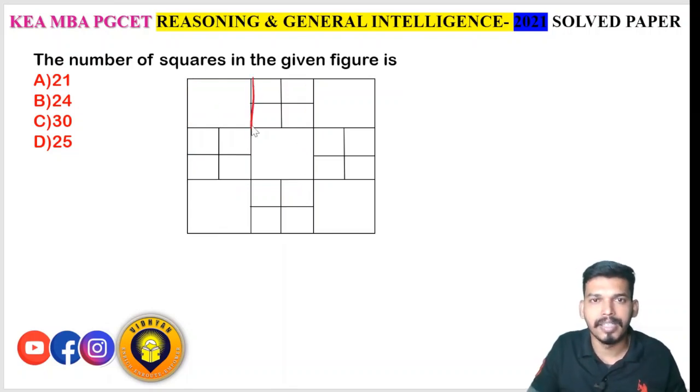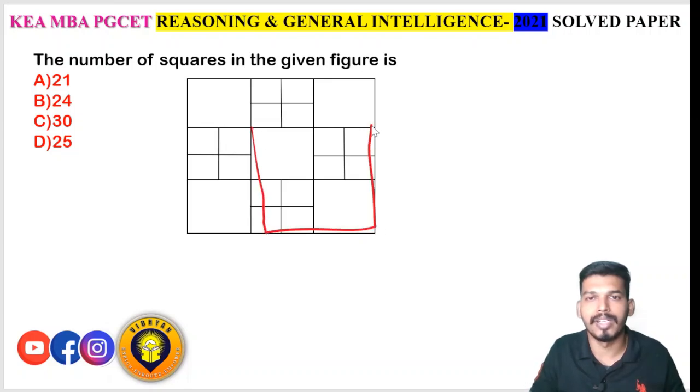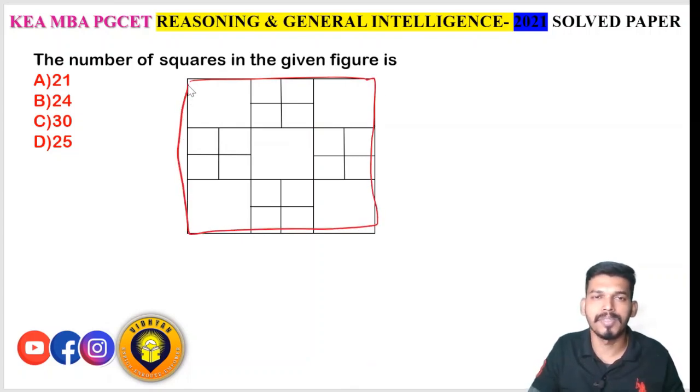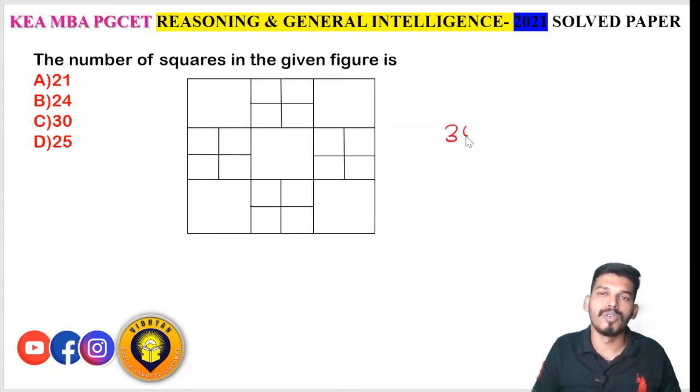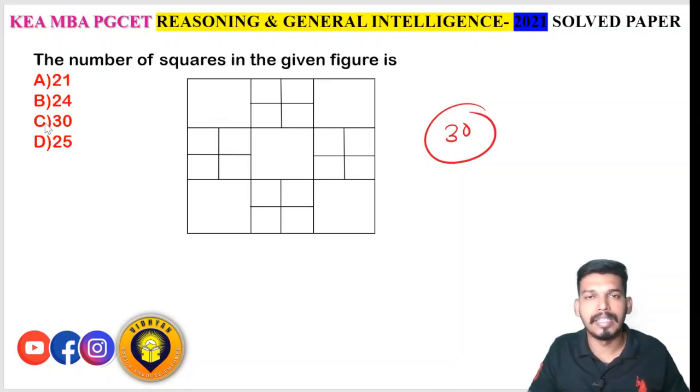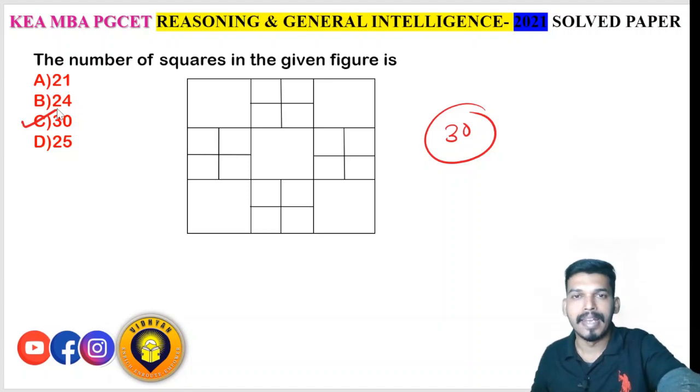Similarly this becomes 27. And similarly this is 28, so this becomes 29, and finally the big square which becomes 30. So therefore total number of squares in the given figure is how much? 30.